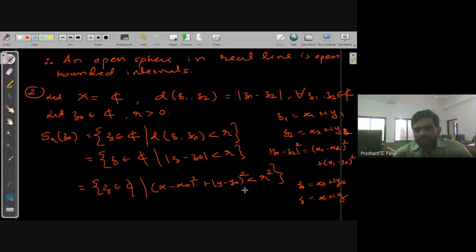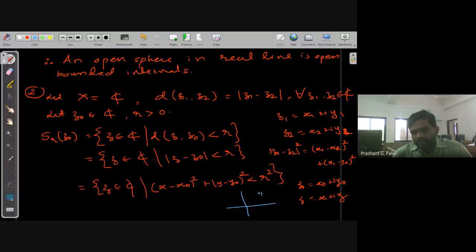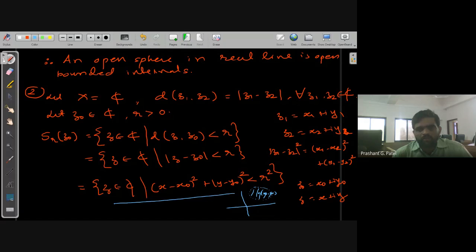This will represent a disk with center (x0, y0) and radius r. So those are the points which are inside this disk. It is represented by this open sphere. So I can say an open sphere in C is a disk with center z0 and radius r. In short, we can write that.